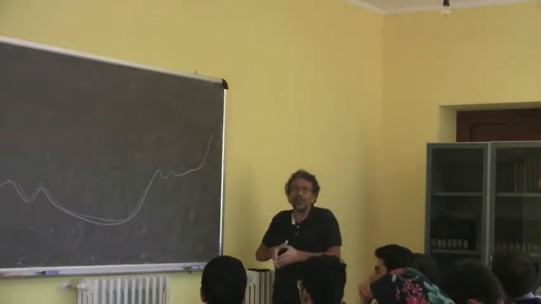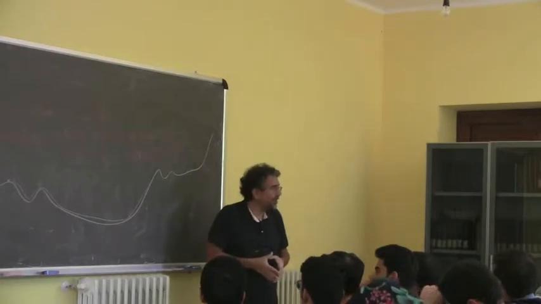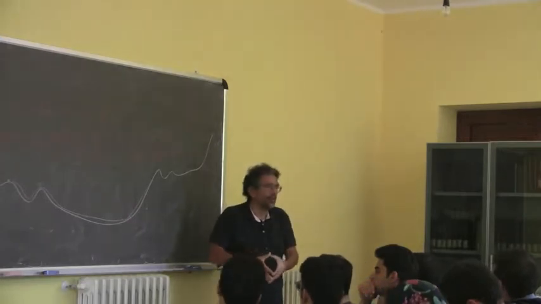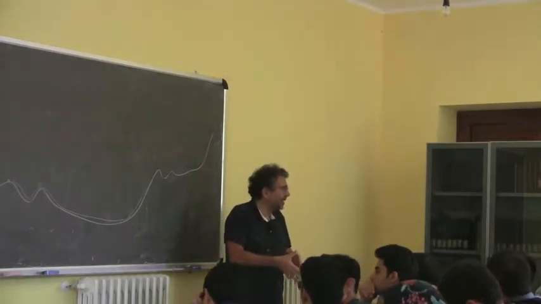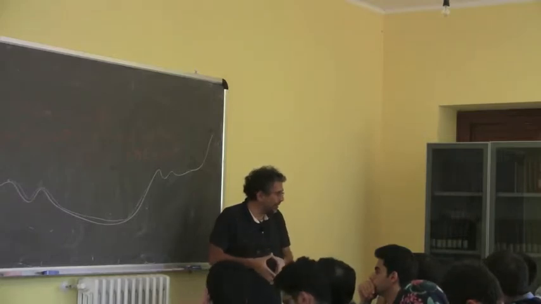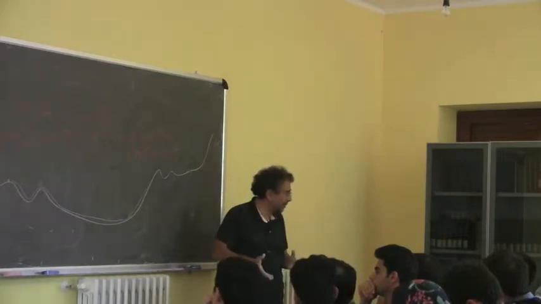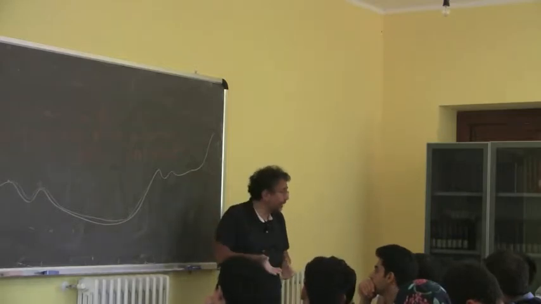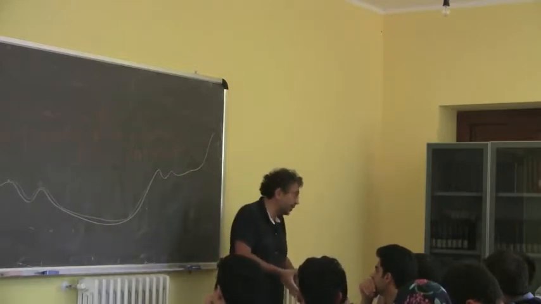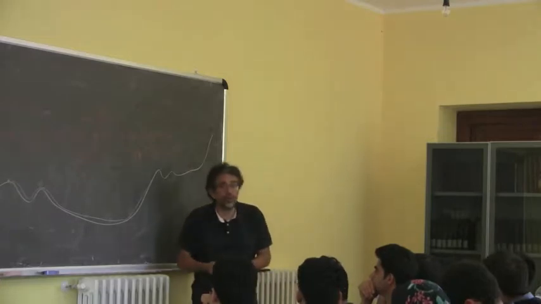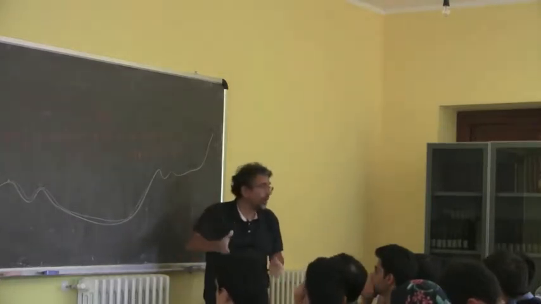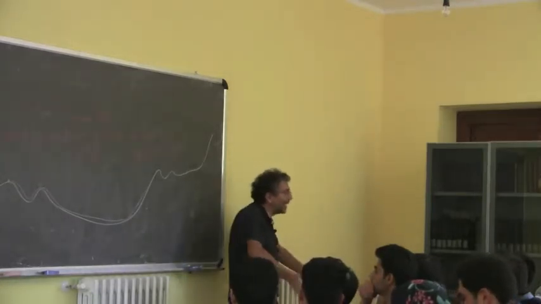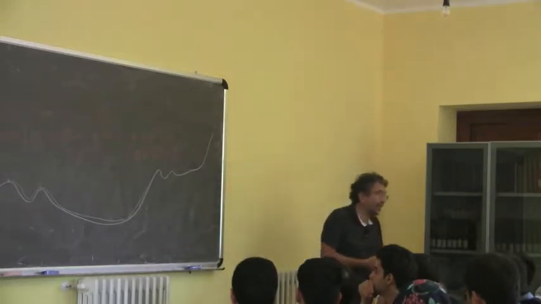So if you are an engineer and you are designing a system which must behave in a reasonable way, this building, for instance, you want that its equilibrium configuration is a minimum of energy, because you don't want that a small perturbation of this system will drive the system very far.